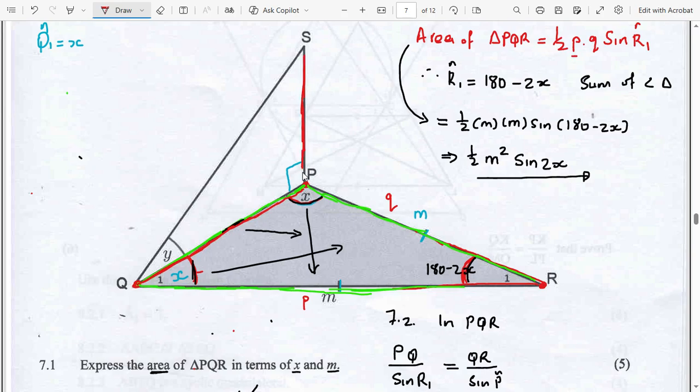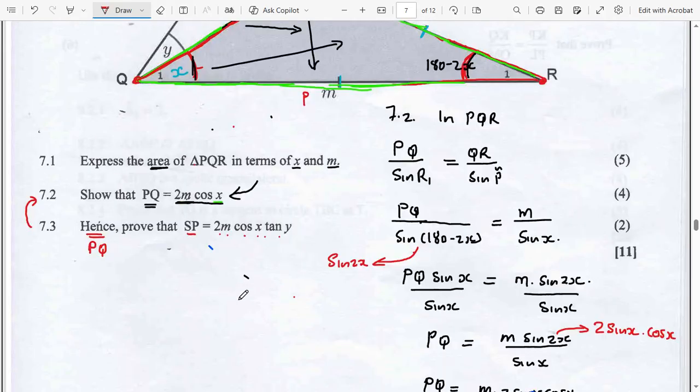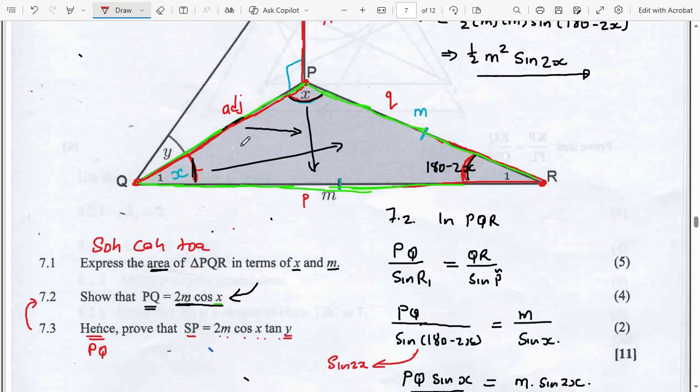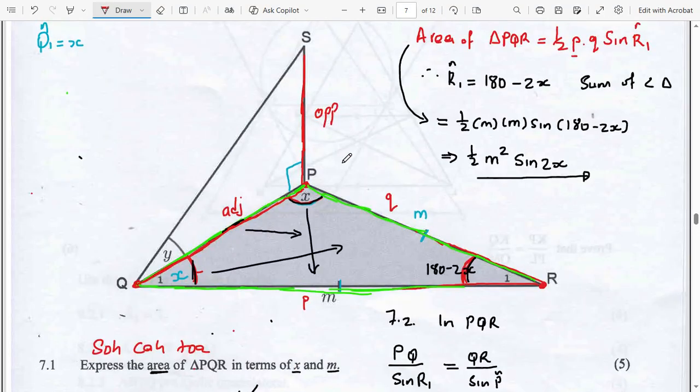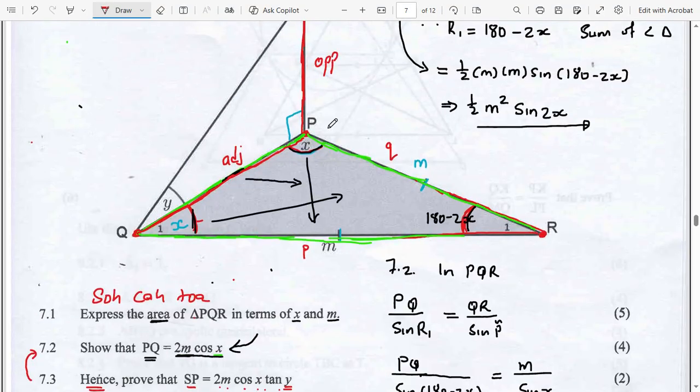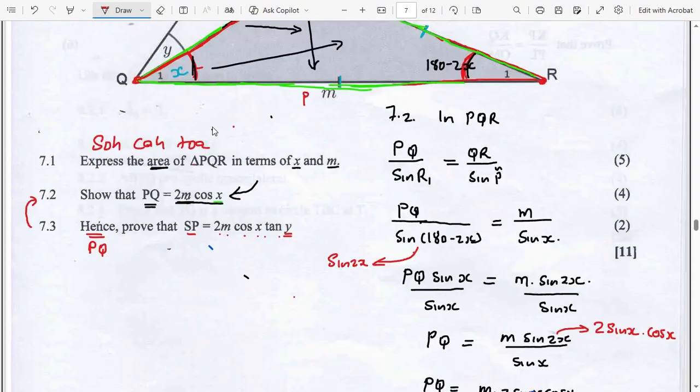This is a right angle triangle. This is my opposite. This is my adjacent. So when I do the proof, I need to have something like the angle Y. According to SOHCAHTOA, they said I must use QP, which is my adjacent, and I have my opposite. So I'm going to choose the one that has adjacent and opposite, which is tan.